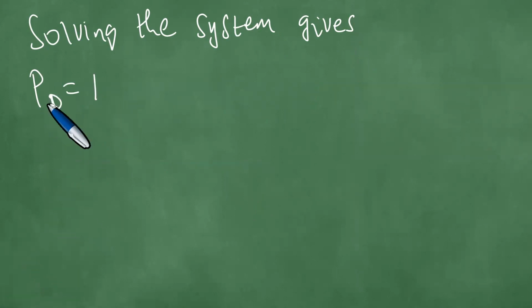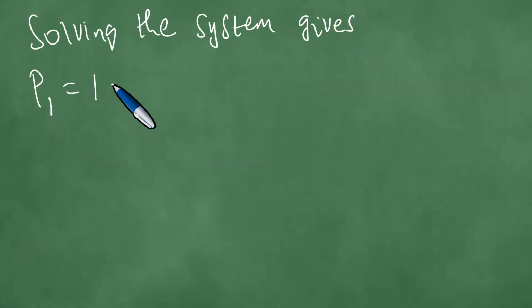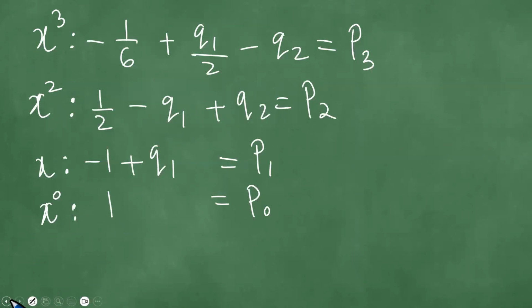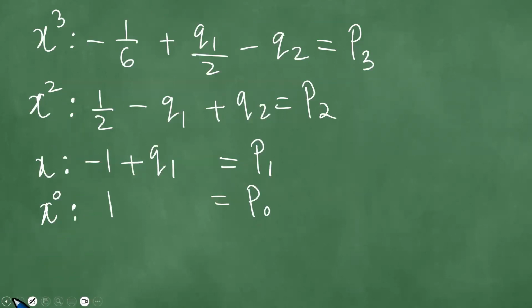Take P naught to be 1. Because you can see that P naught is 1. All right, so if P naught is 1, then we want to find P1.